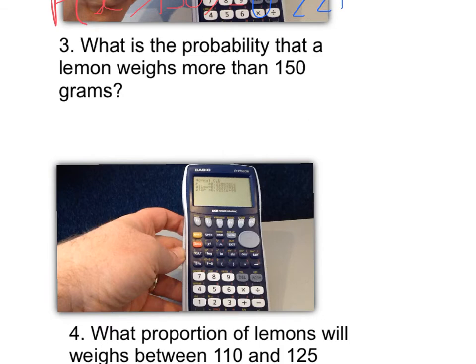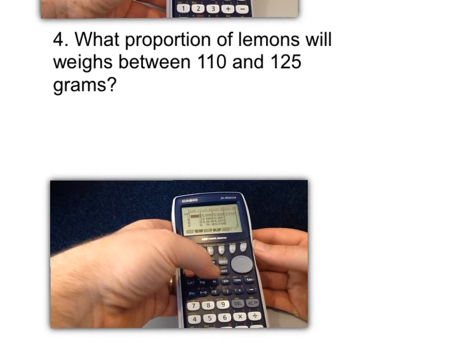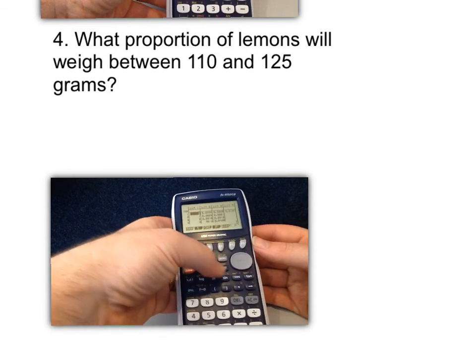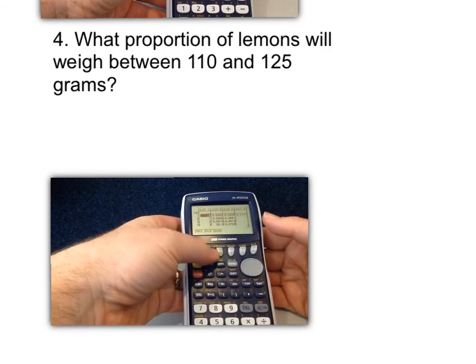Okay. The final question: what proportion of lemons will weigh between 110 and 125 grams? Let's just fix that question up. So again, we go distribution, normal, NCD.